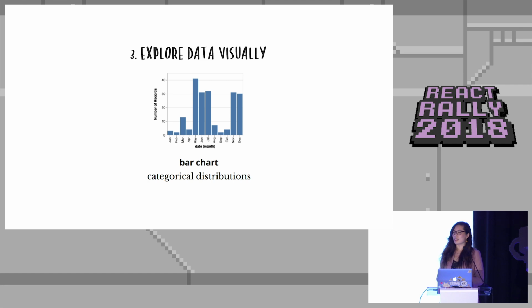For our movies data set, I plugged that in to a bar chart, which is really, really great for categorical distributions. And you can immediately see the two peaks that are very obvious. One's in the summertime, in the May, June, July months, and again in the winter, in the November and December months.